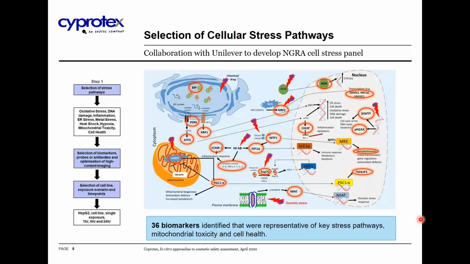So you can see it's quite a broad, certainly a comprehensive list of pathways to potentially look for safety liabilities. And we used initially the HepG2 cell model and looked at 3 different time points. You can see 1, 6, and 24 hours length of exposures where we're running HepG2 cells, where we looked at all these 36 biomarkers.